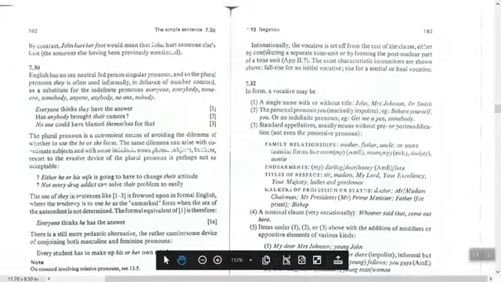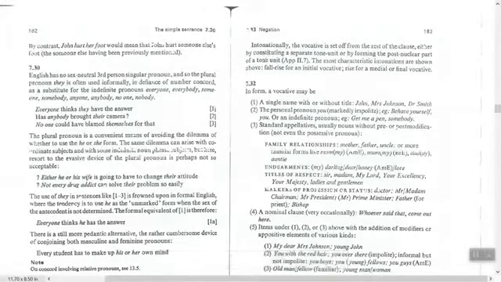Now intonationally. Tone of vocative. The vocative is set off from the rest of the clause, either by constituting a separate tone unit or by forming the post-nuclear part of a tone unit. The most characteristic intonations are shown above. Fall, rise at the beginning.